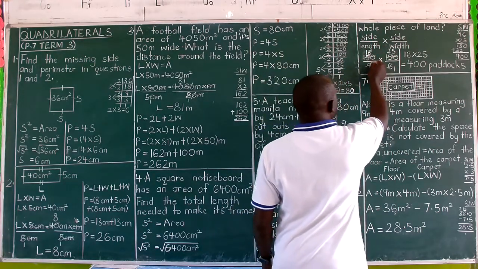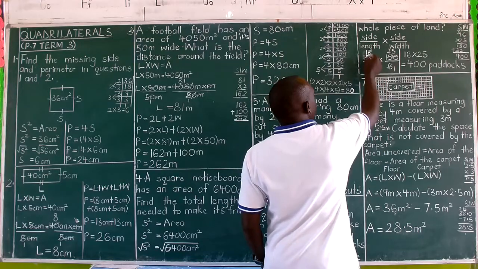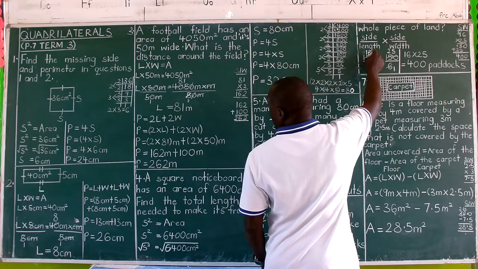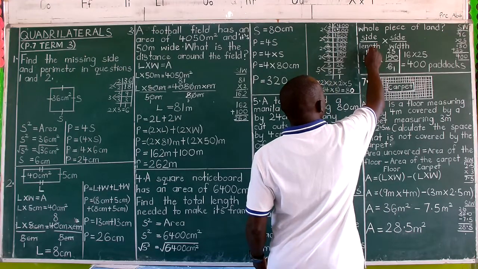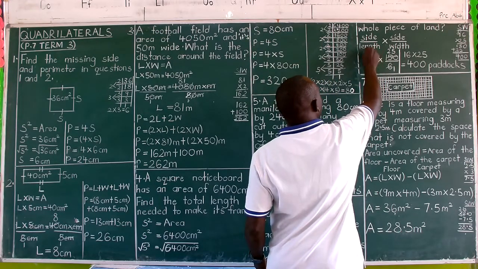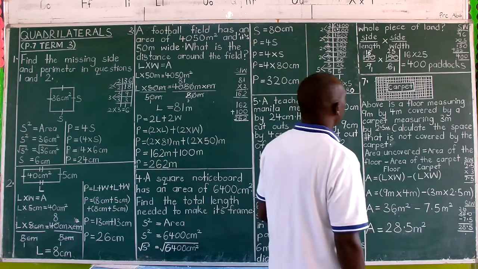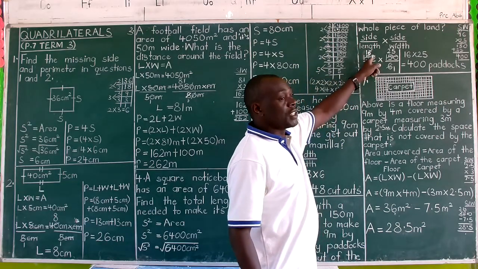Now divide. 9 divided by 9 once, 15 divided by 9, 1 remainder 6. 60 divided by 9, you get 6. And remember I said the remainder must not be respected. 9 times 6 is 54, remainder 6.